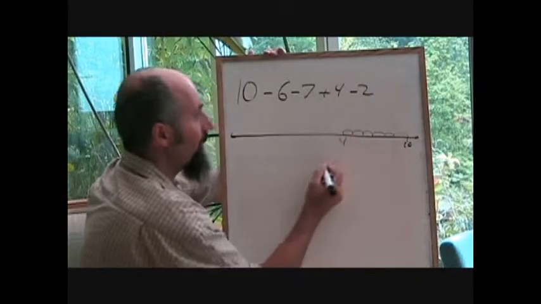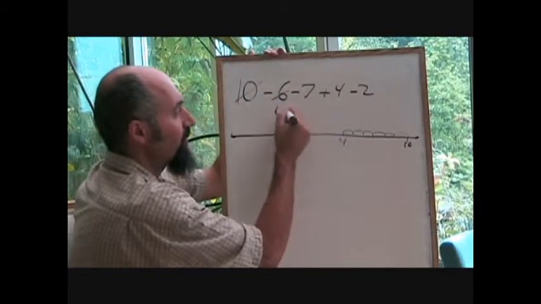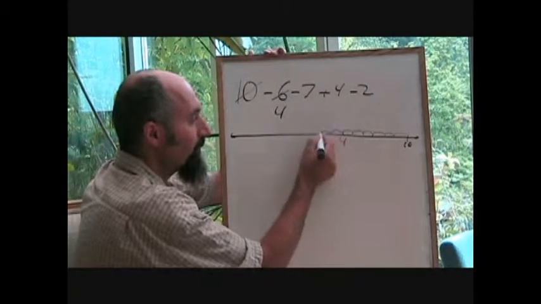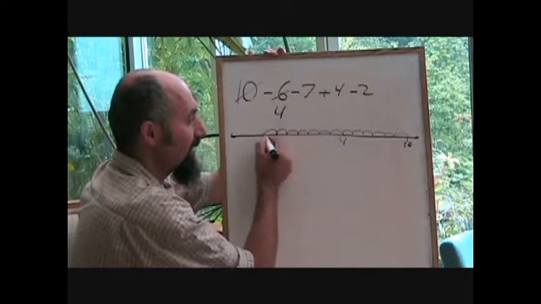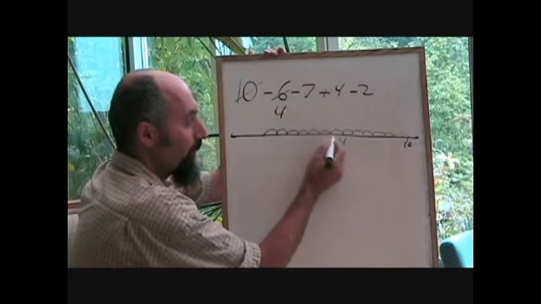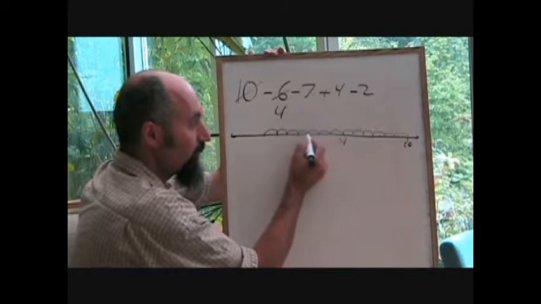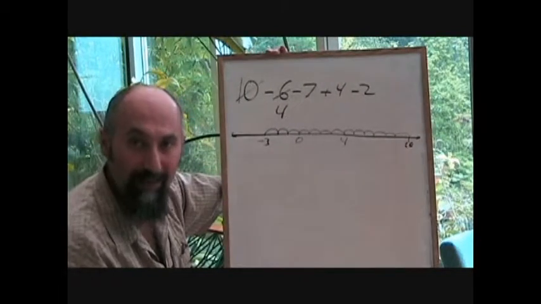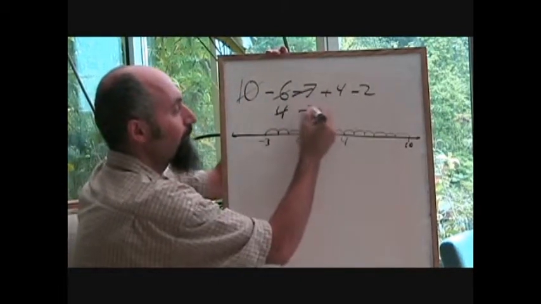So you're at 4 here. So 10 minus 6 is 4. And then you're going to go back another 7. So you go 1, 2, 3, 4, 3, 2, 1, 0. So that's 0, so you're at negative 3 here. So 4 minus 7 is negative 3.